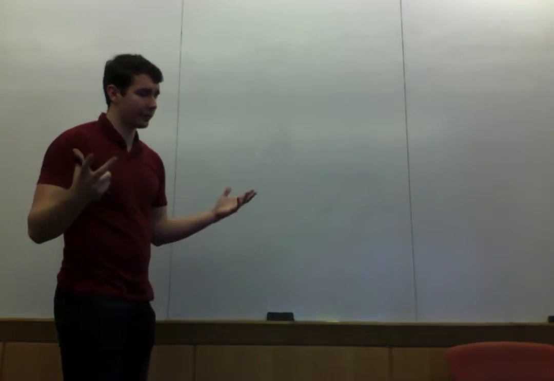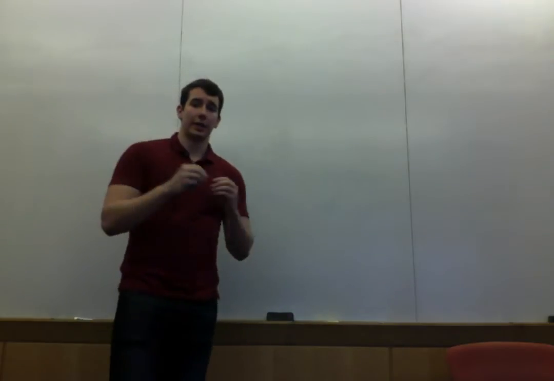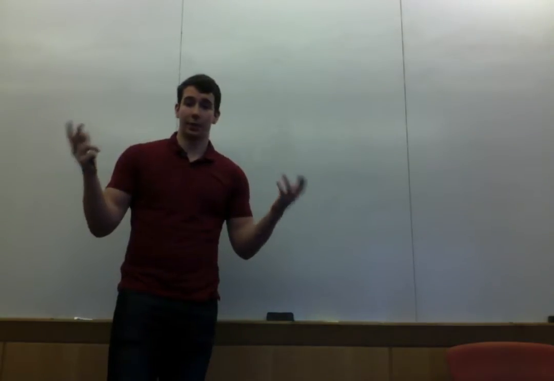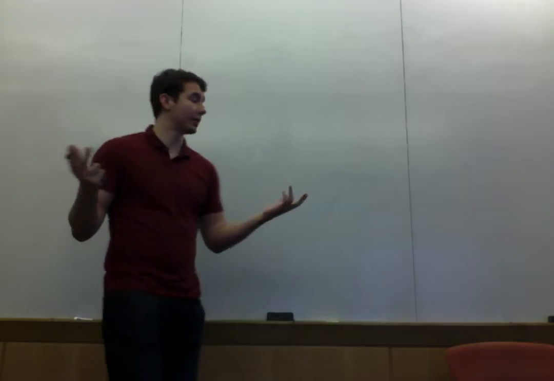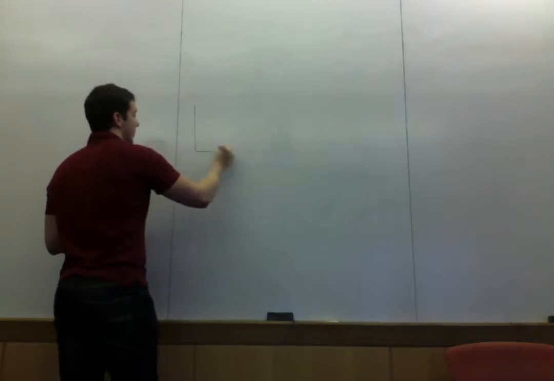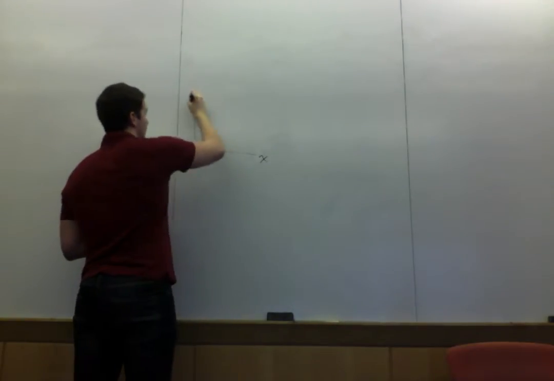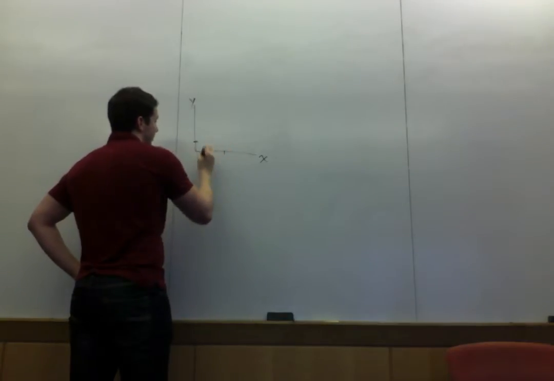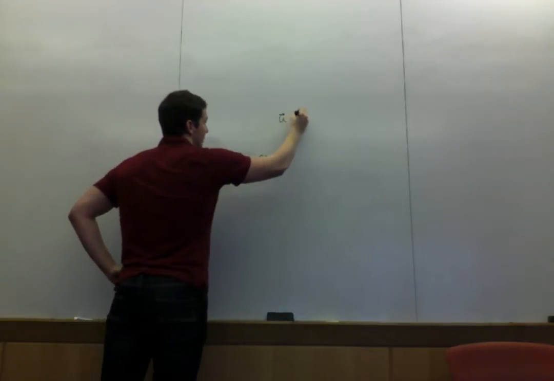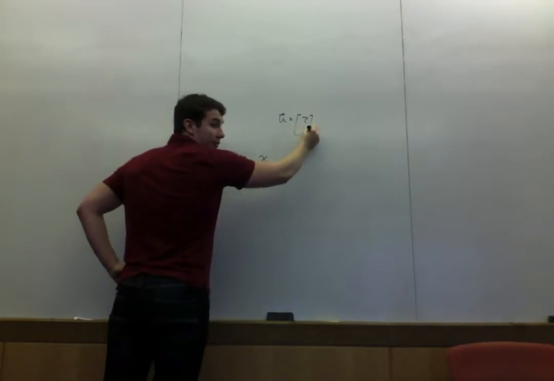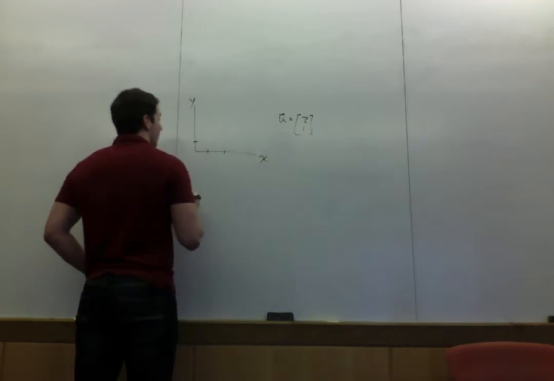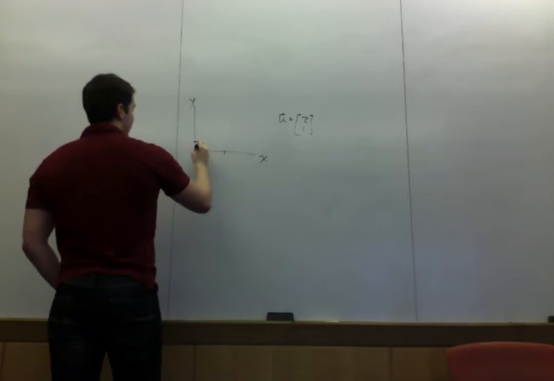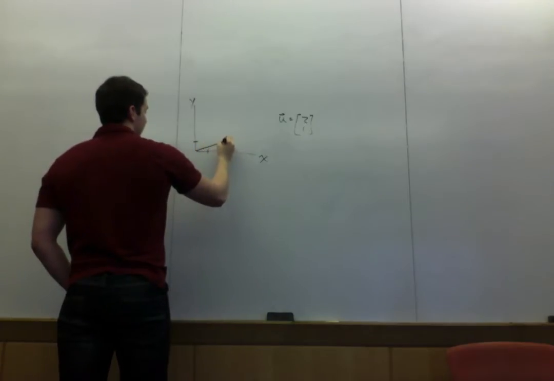But first and foremost, a span is simply the area in space that can be reached by a certain vector. So let's start in 2 dimensions. We have our xy plane, and say we have the vector u, which is 2, 1, which would just be this vector here.